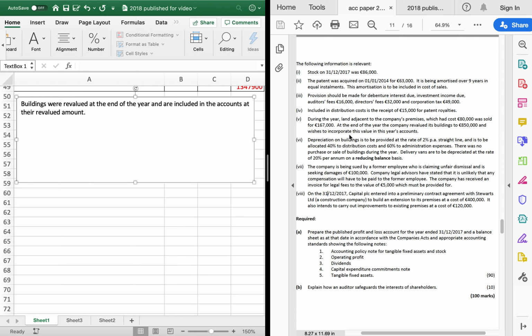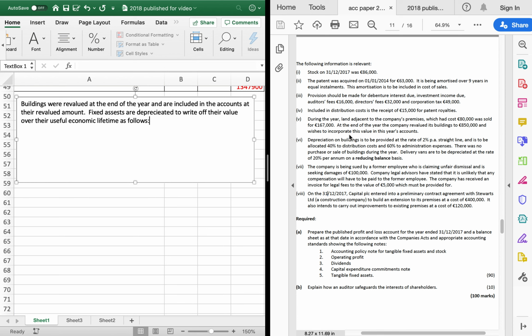Okay, so that's buildings. Do we depreciate fixed assets? We do, so we say that then. So fixed assets are depreciated to write off their value over their useful economic lifetime as follows.